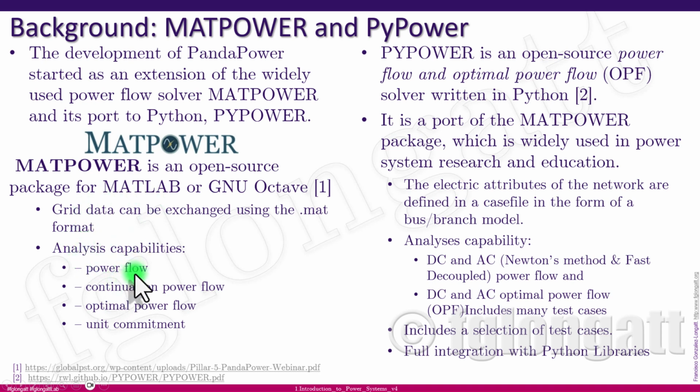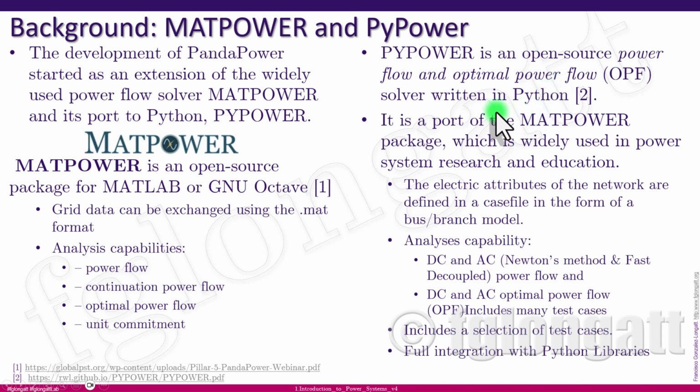MATPOWER is very powerful, started with power flow, continuation power flow for voltage stability analysis, optimal power flow, and unit commitment. On the other hand, PyPower is an open source power flow and optimal power flow solver in Python.